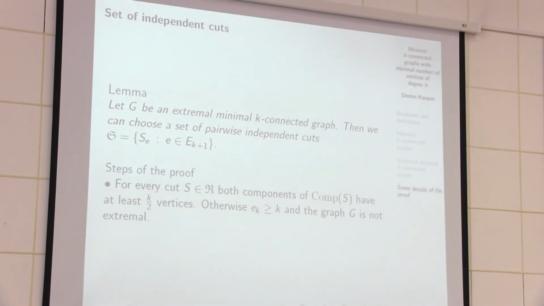If we choose such a set, after that we can use the tree structure and study the leaf components, dependent components of this tree, and it will give us what we want.